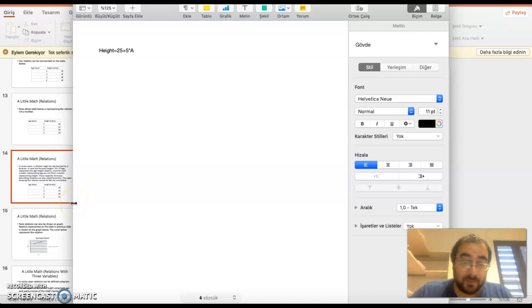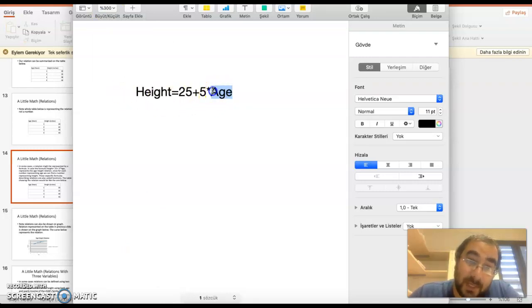This formula is representing a relation, because using this formula I can find the height for any age. For example, I can put 1 here, multiply it with 5, which is 5, add it to the 25, which is 30, and find the height. So for any number representing age, using this formula I can find a height, which means this formula is a relation.